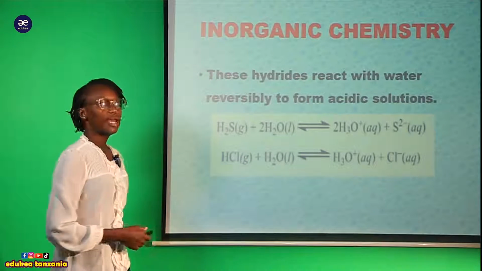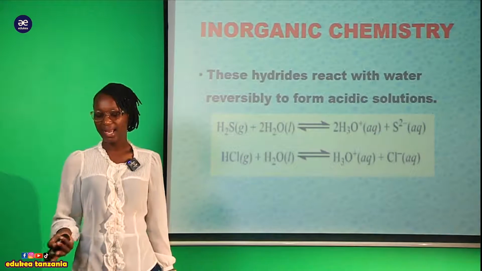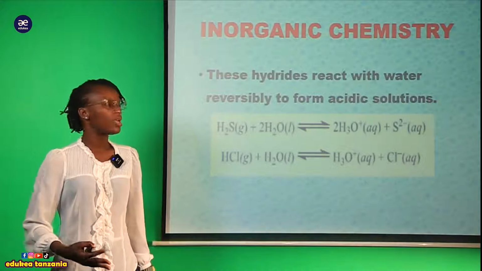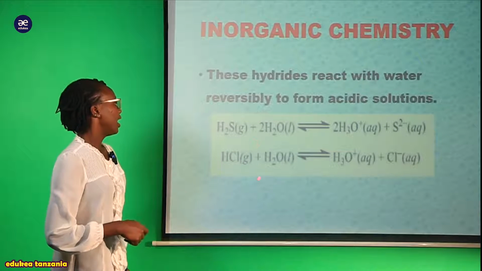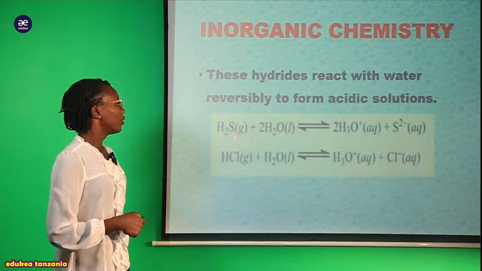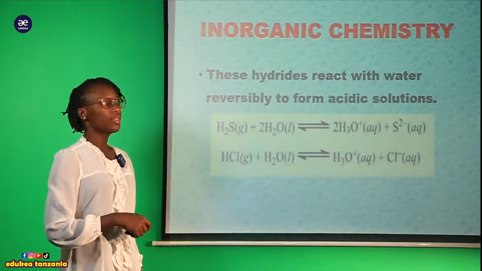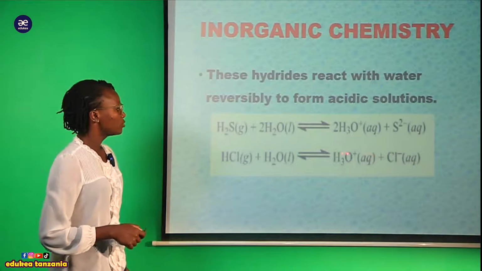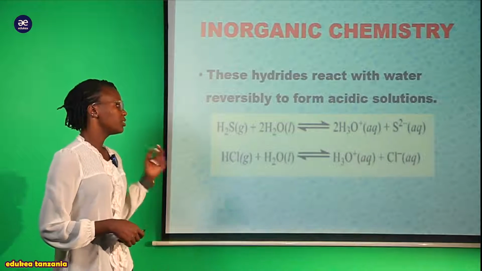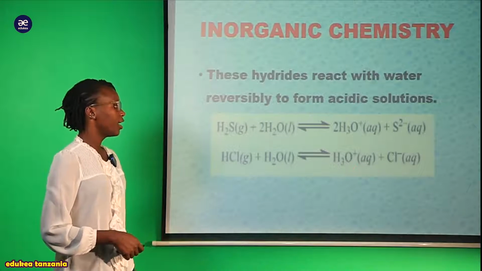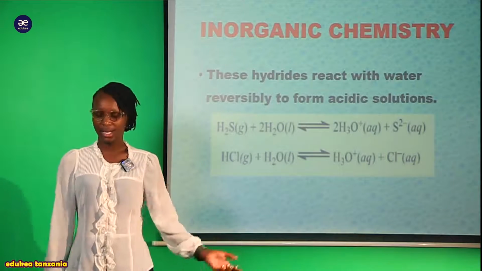Kwa wakati mwingine tumezoea kusema kwamba hii ni hydrochloric acid, hydrogen chloride, whatever. But here it is the hydride of the chlorine. So it reacts with the water molecule and it undergoes the reversible reaction. We're going to form the hydroxonium ion, which is an acidic aqueous solution, but also we're going to release chloride.